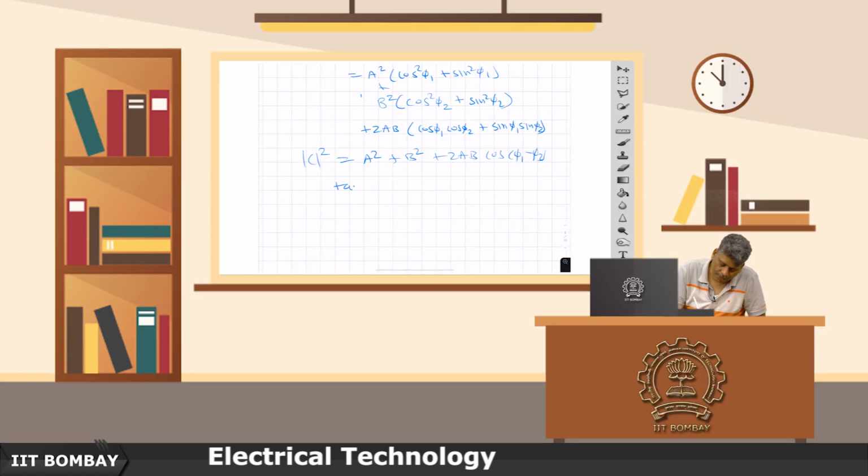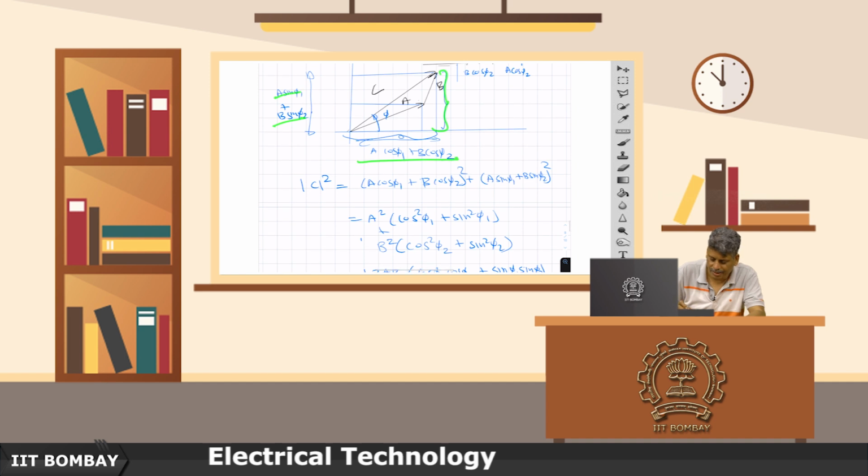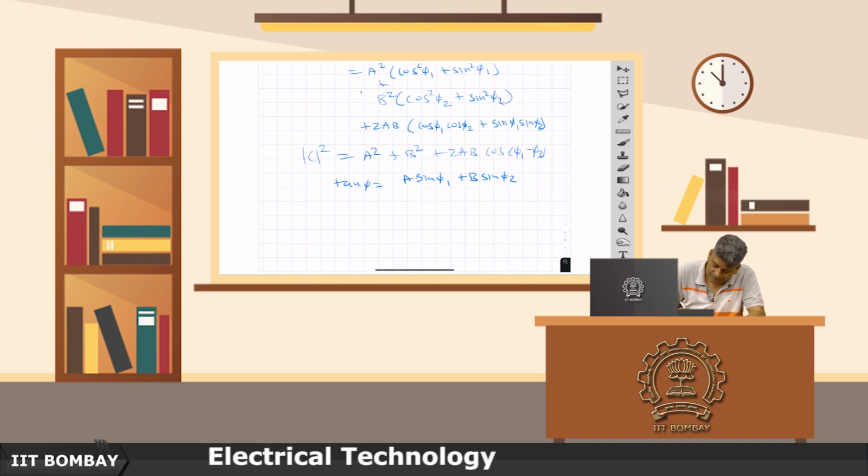So tan of phi will be A sin phi 1 plus B sin phi 2 divided by the x component, which is A cos phi 1 plus B cos phi 2. So what is this? This is nothing but the parallelogram law of vectors.